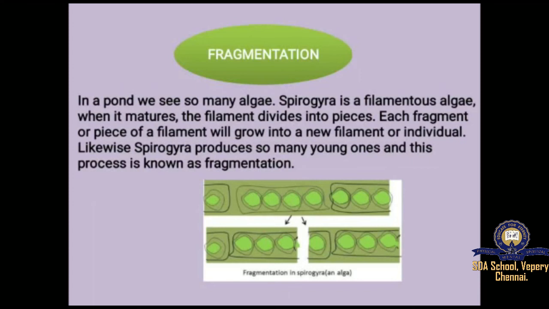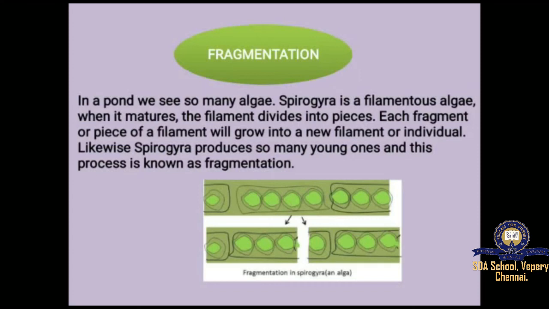Next is fragmentation. In a pond, we can see so many algae. Spirogyra is a filamentous alga, and when it matures, the filament divides into pieces. As you can see here, this filament is divided into pieces.